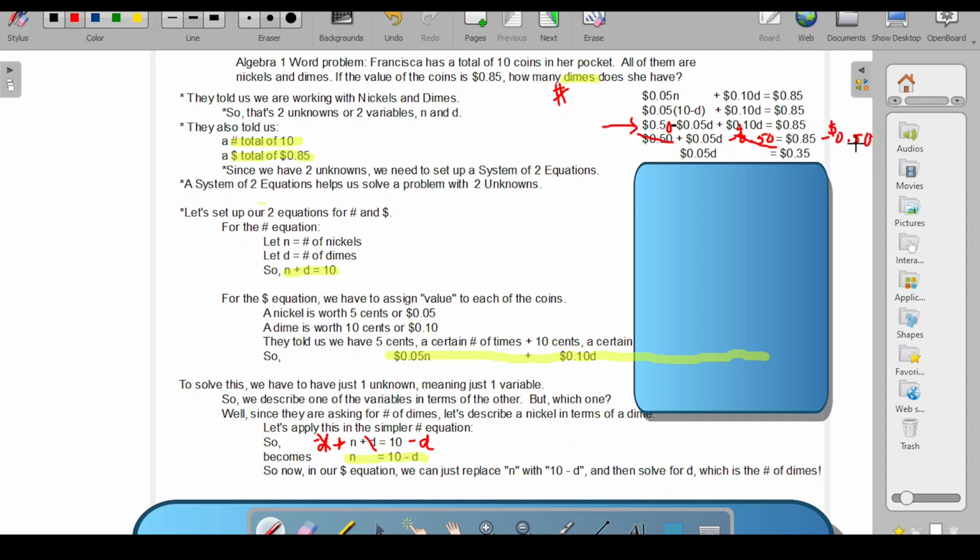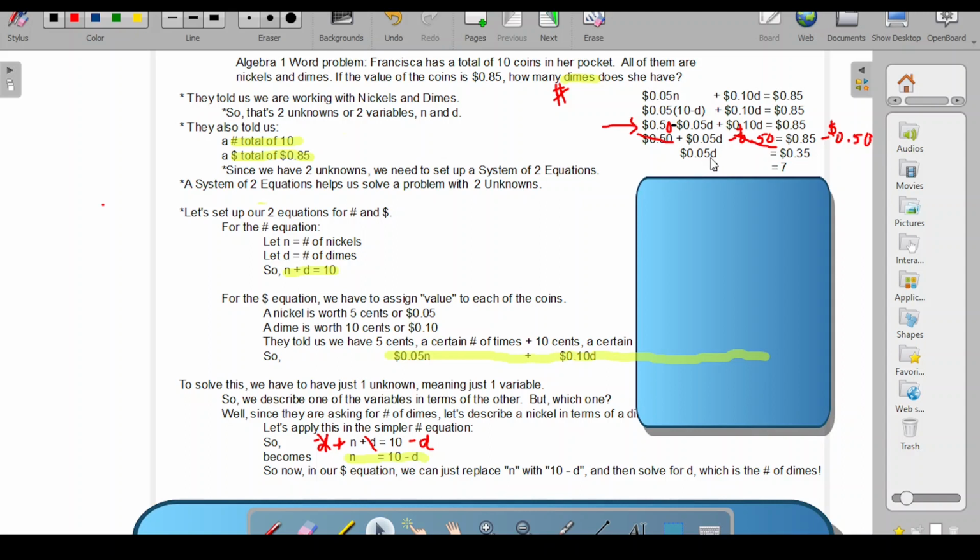Well, 85 cents minus 50 cents is just 35 cents. So now we can isolate the d by dividing both sides of the equation by 0.05. So let's go ahead and do that.